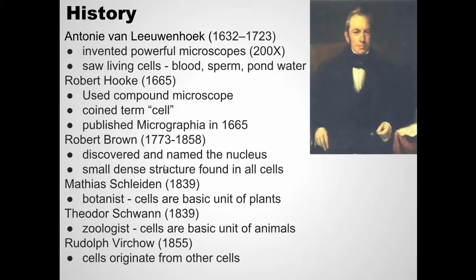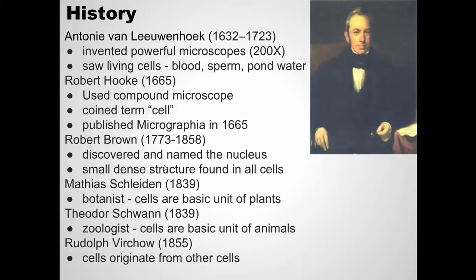It was then Schleiden and Schwann and Virchow that started to put together these ideas into what we today call cell theory. Schleiden was a botanist. He was observing the plant cells. Schwann was looking at animal cells. And they both started to realize that every single living organism they observed was made of cells.